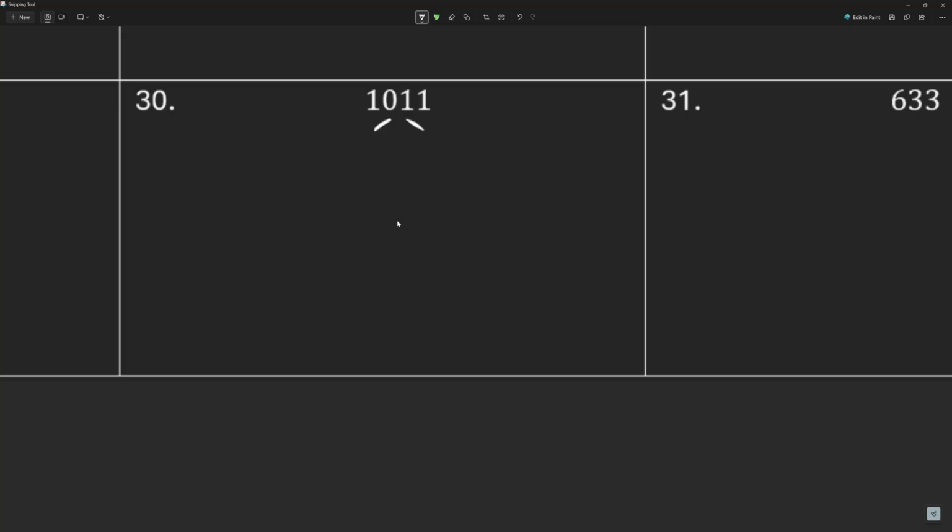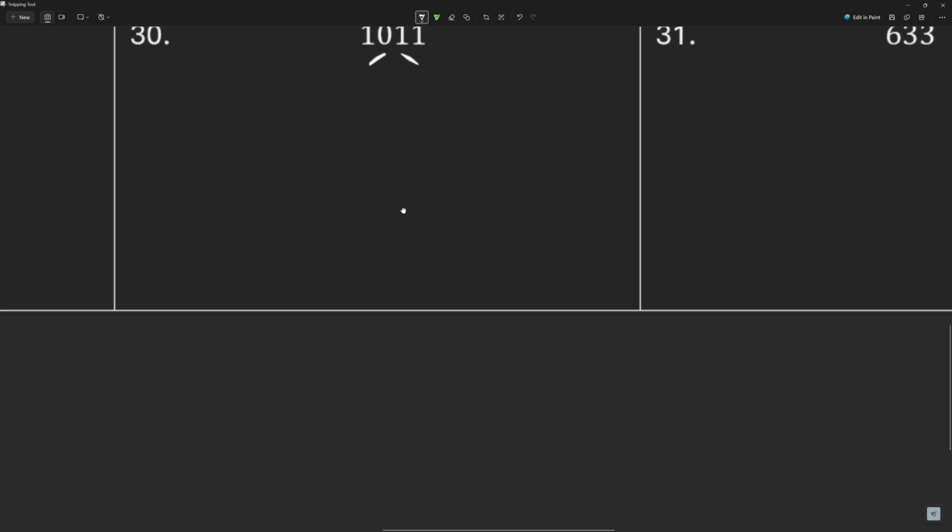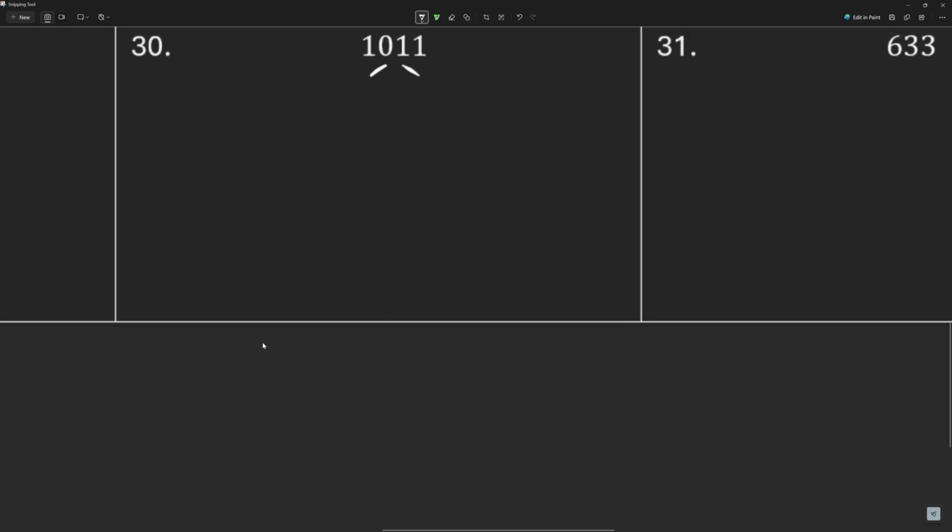Remember, it's called the digital sum. So if we take 1011, 1 plus 0 plus 1 plus 1, if we add those numbers up, that gives us 3. Well, 3 is divisible by 3.